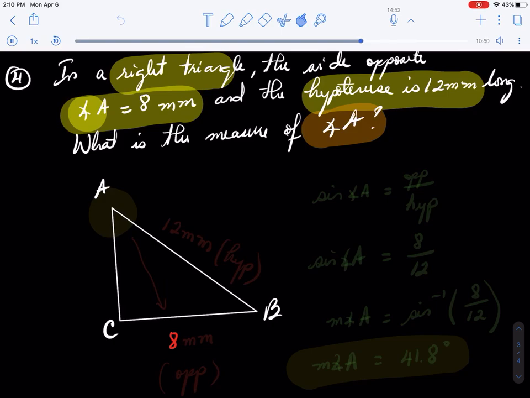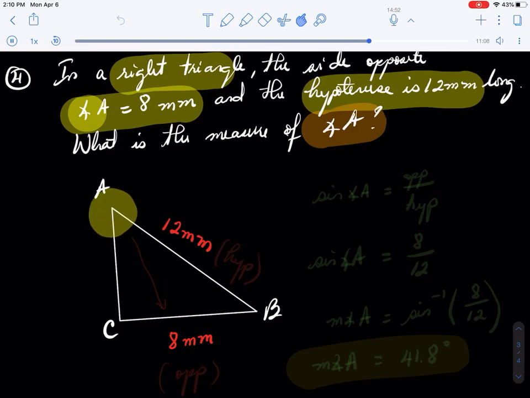Okay, so you should find it under shift or second. The side opposite of angle A is 8, and the hypotenuse is 12. And then they ask you, what is this angle right here?